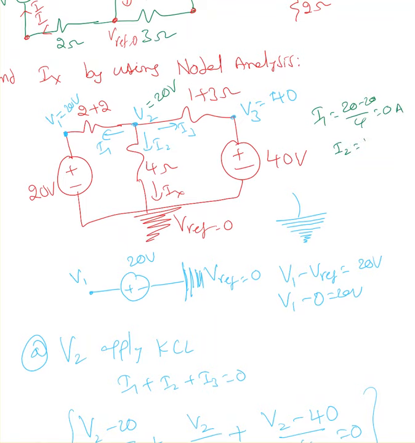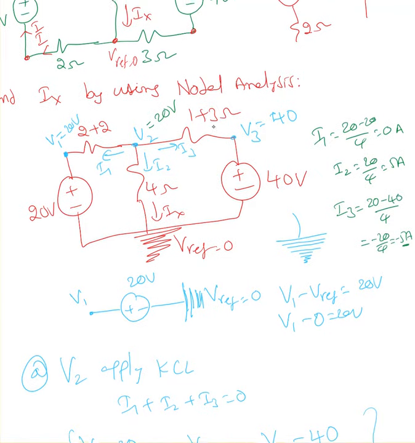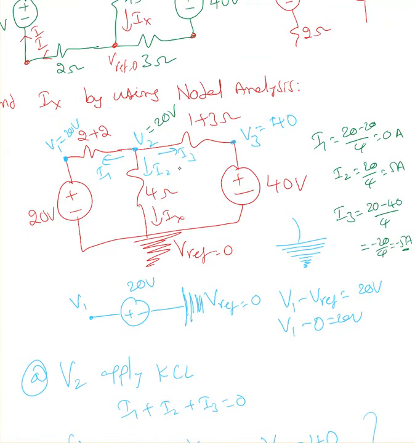What is I2? 20 over 4, which is 5 ampere. What is I3? I3 equal to 20 minus 40 over 4, which is minus 20 over 4, minus 5 ampere. That indicates that I3 is flowing in the opposite direction. So this is supplying current, and this is not supplying any current.